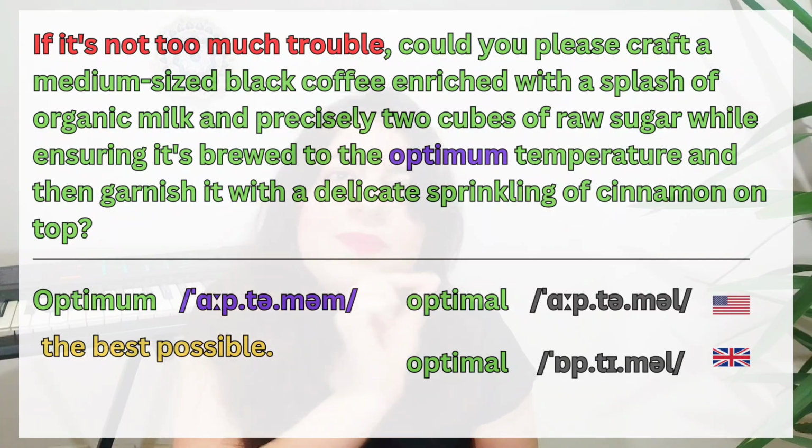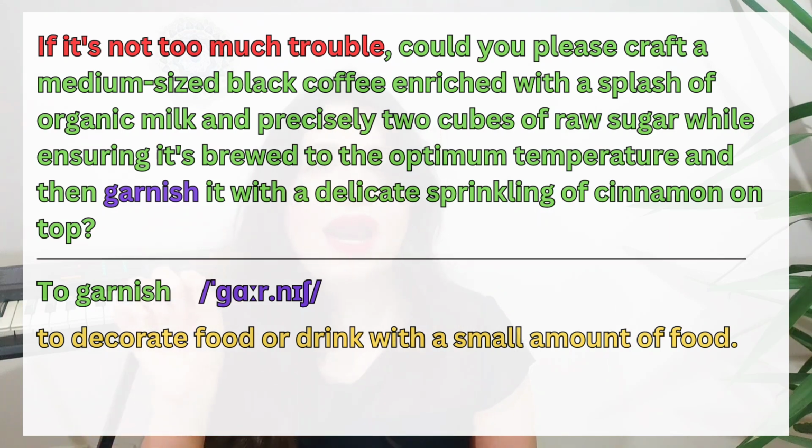Optimum means best possible. You might hear the synonym optimal used in American English. And then we have garnished with cinnamon. To garnish means to decorate food or drink with a small amount of food.